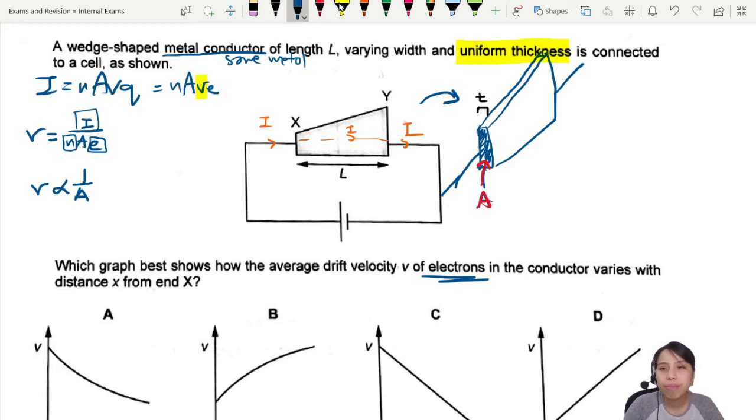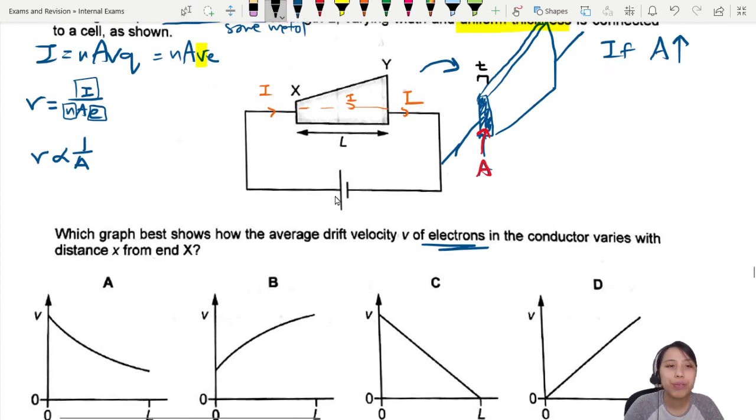If area increases as you move from left to right, what would happen to our drift velocity? Let's do a quick check. Area increase means velocity must decrease. Inversely proportional relationship. So then we can already cancel out some graphs.